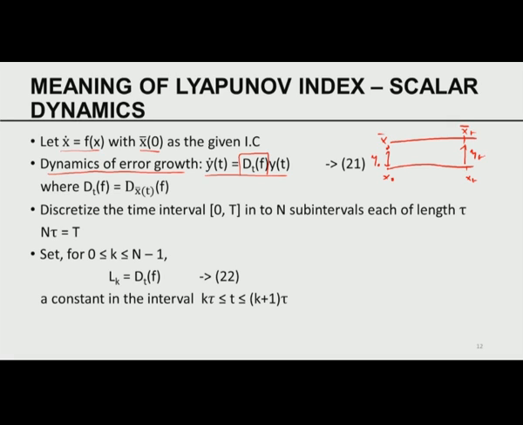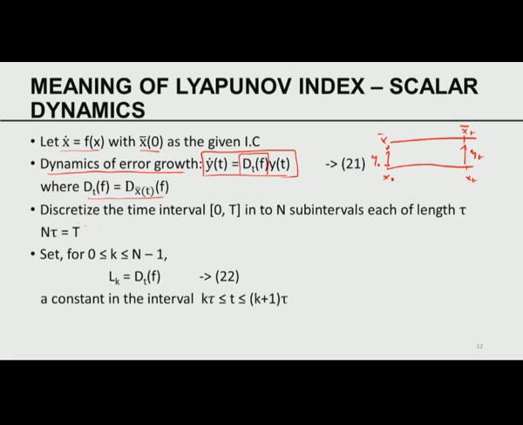Epsilon we use in the context of discrete time, y of t I am going to use in the case of continuous time. The rate of growth of y of t is given by this equation. This equation is a linear dynamical system. The linear dynamics varies along the trajectory again. So this is the Jacobian.